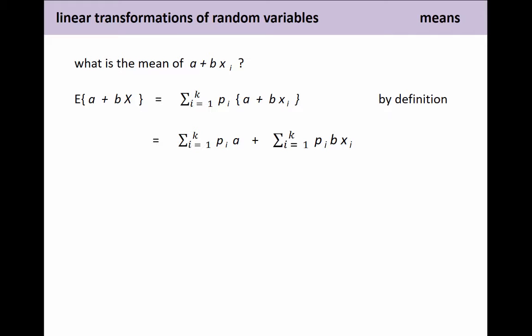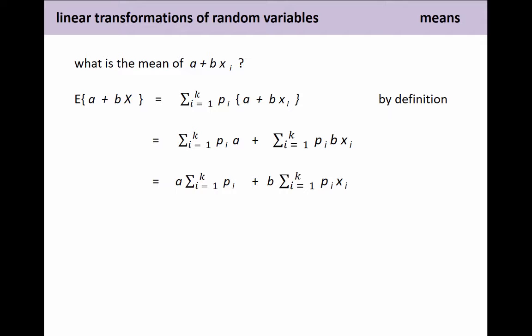Now we can go to work on each of those terms in the summation separately. So what we're going to do with the first term is pull the constant a out of the summation. It doesn't have any subscript i, so we can write the sum of the p sub i times a as just a times the sum of p sub i.